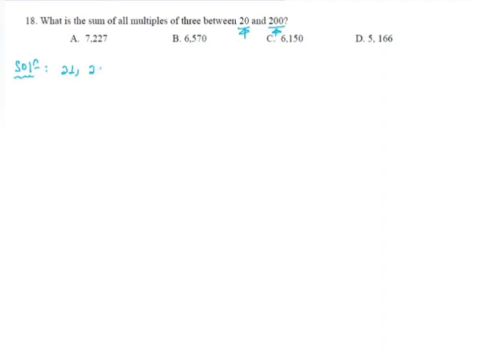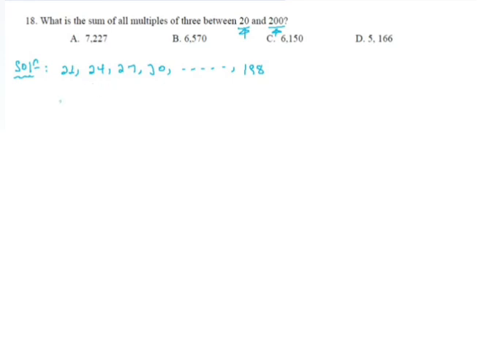The next multiples of 3 are 24, 27, and so on. And the last number will be 198. You can check that 198 is divisible by 3. So we can see that these form a sequence which is an arithmetic sequence.